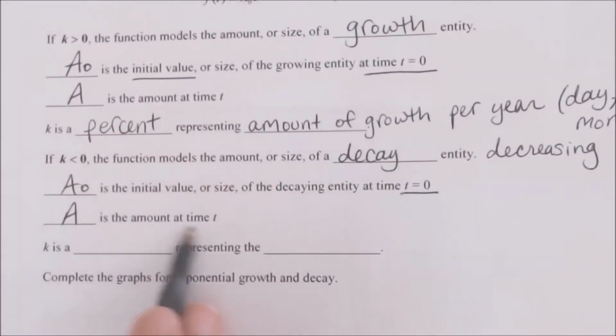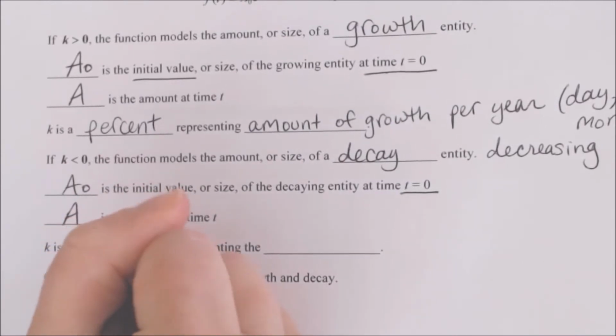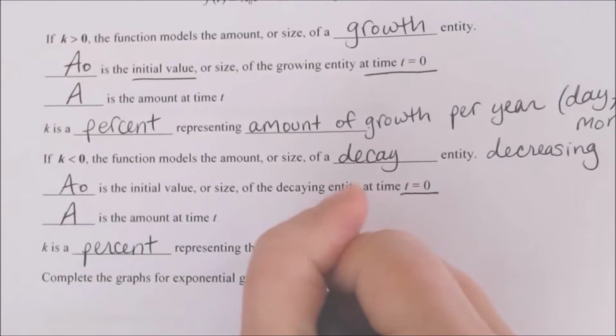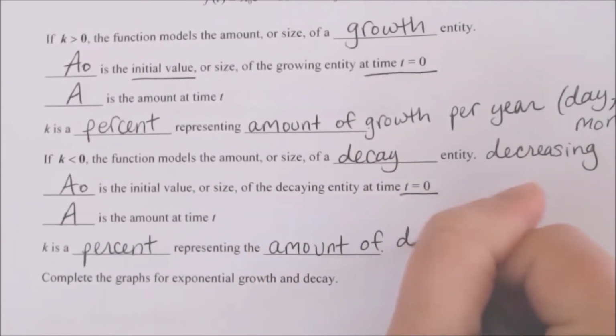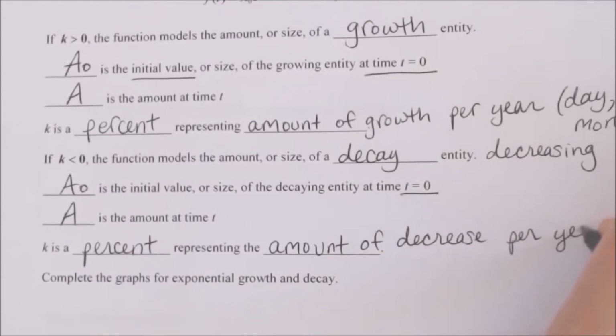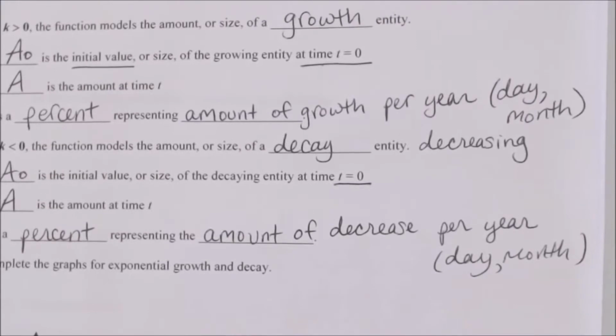A is the amount at a given time t. And once again, K is a percentage. It's going to be in decimal format, but it's a percentage representing the amount of decrease per year. Or like I said, per day, month, whatever unit of time you're working with, okay?